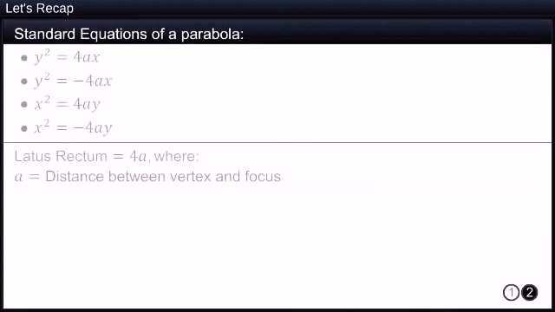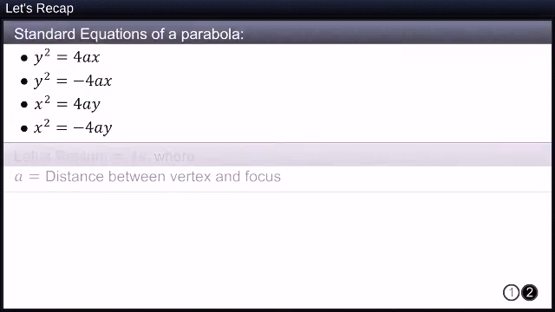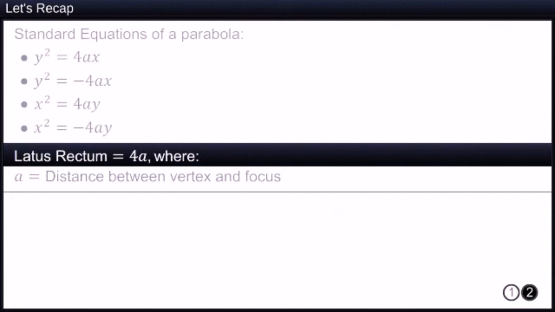A parabola with the axis of symmetry along the x or the y-axis and the vertex at the origin has four possible orientations represented by these four standard equations. The length of the latus rectum of a parabola is equal to 4a, where a is the distance between the focus and the vertex of the parabola.